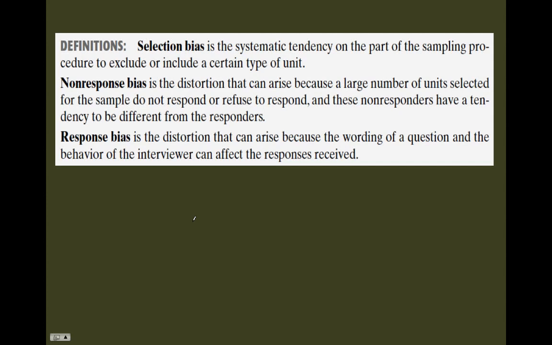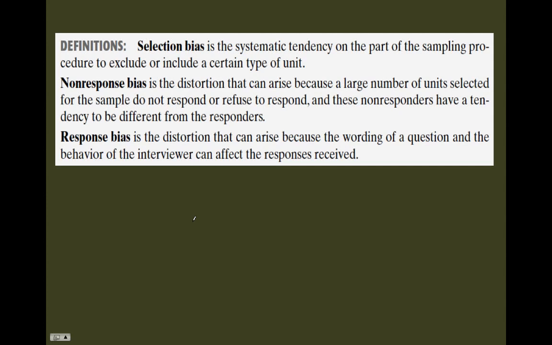Even subconsciously, some of us at least would have a tendency to gravitate towards certain personality types, or all these different things. So again, this is an example of selection bias. The procedure is excluding or including a certain type of unit. In this case, in my example, it would be a subject.